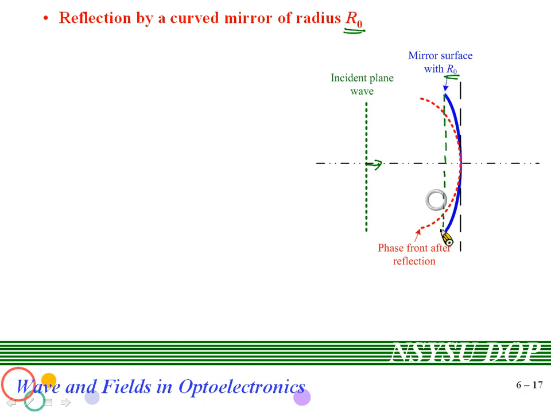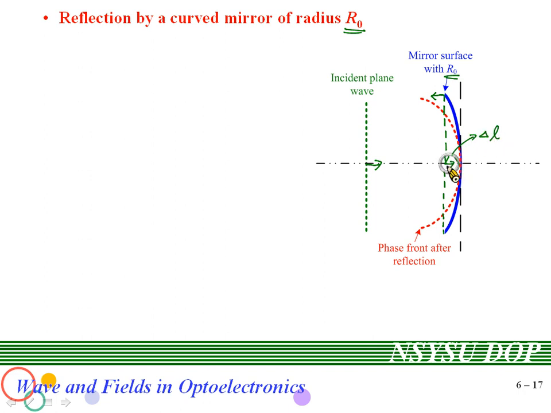As the phase front hits the mirror, the point here will then go backward, but the center point will still go in this way. Suppose this distance is delta L.